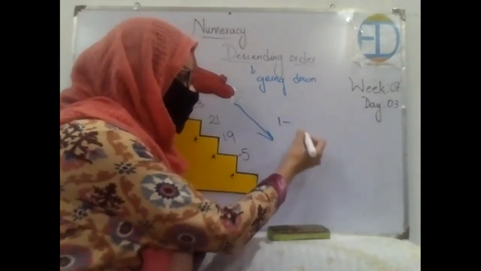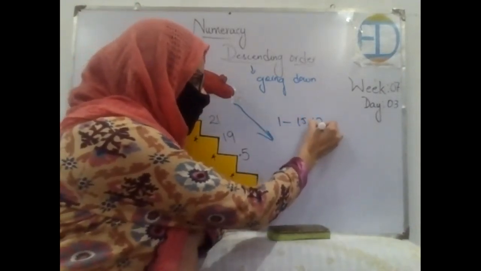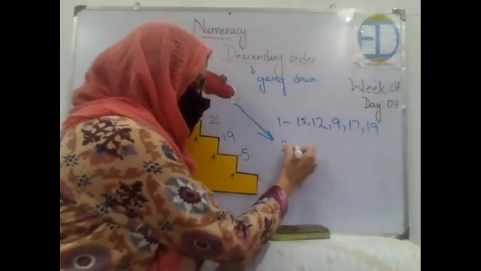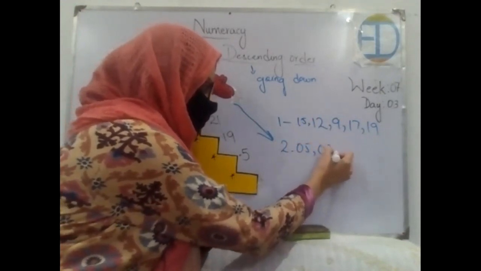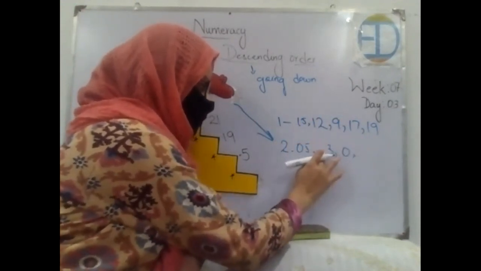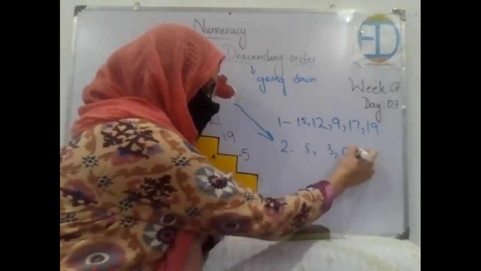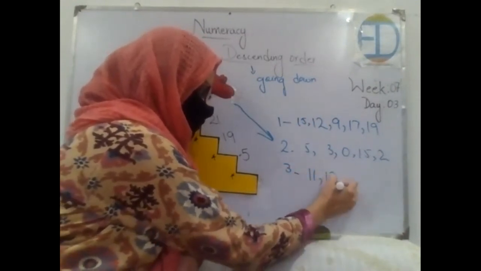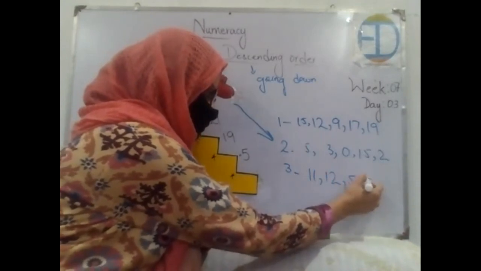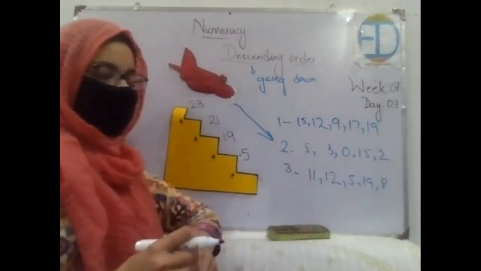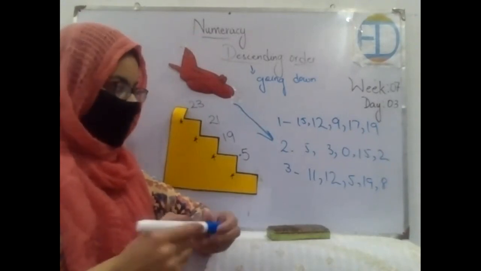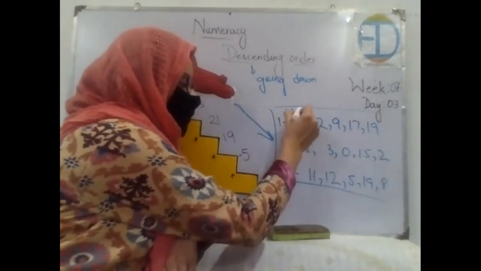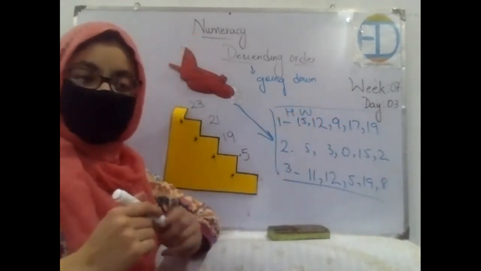And the numbers are, the first one are, these three are the home assignment for you. You are supposed to write them. This is your homework, right? And you are supposed to write them in the form of descending order.